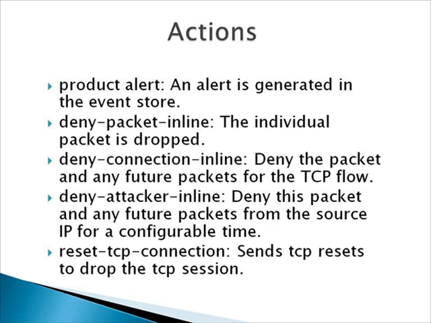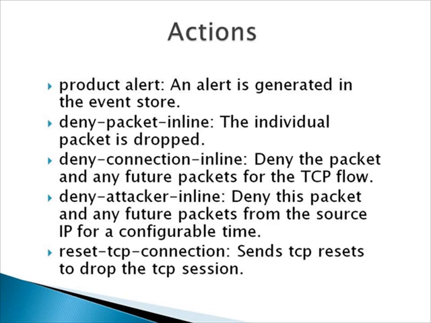Deny attacker inline is pretty much the most severe action you're going to see. What that does is it denies that packet and any other packets going forward from that particular source IP that got identified as an attacker. And like it says here, it denies packets from that source for a configurable time. Off the top of my head, I think it's half an hour, but I could be wrong.